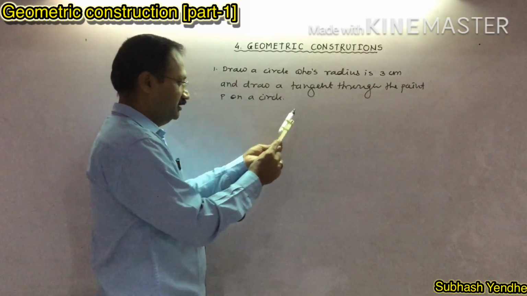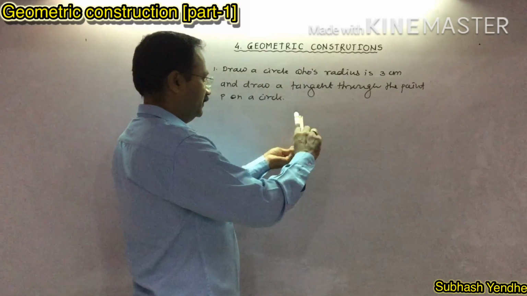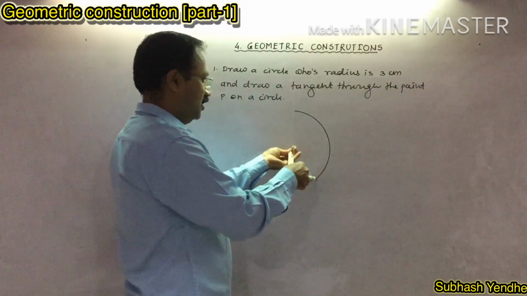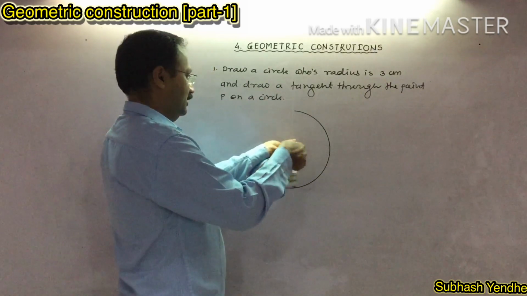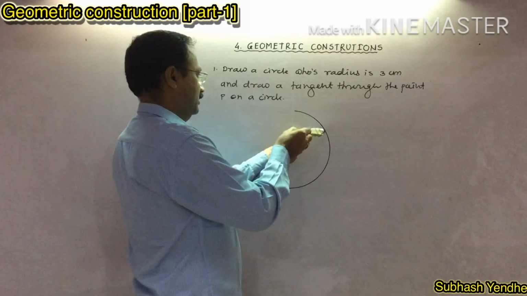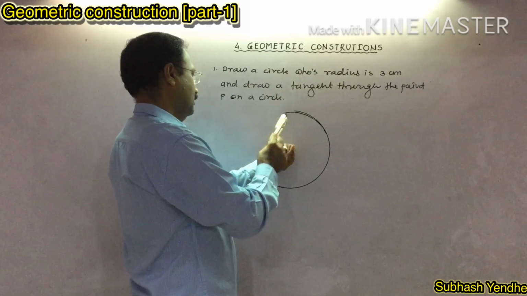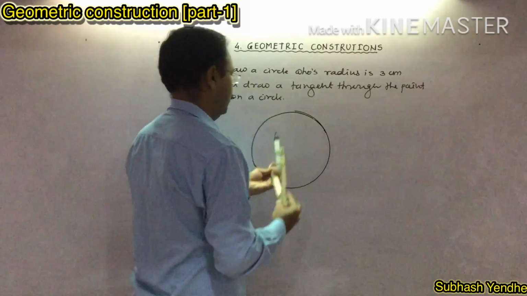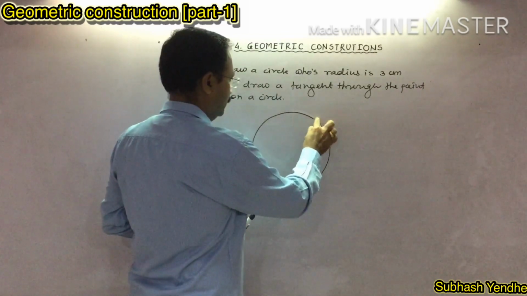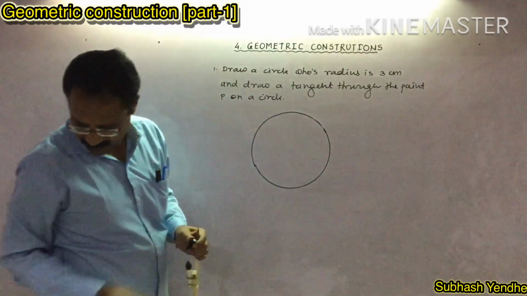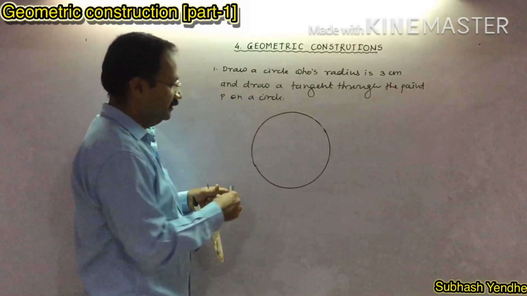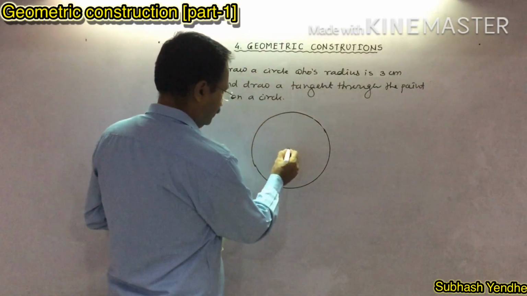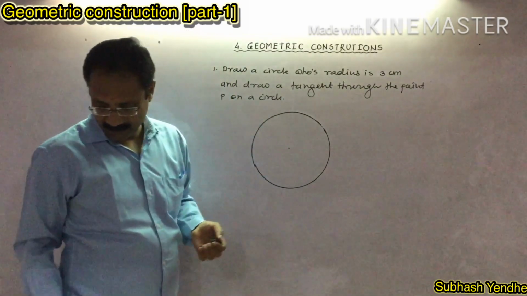So I am going to take 3 centimeter and draw a circle. This is a circle which has a radius of 3 centimeter. Now let me tell you the next point.